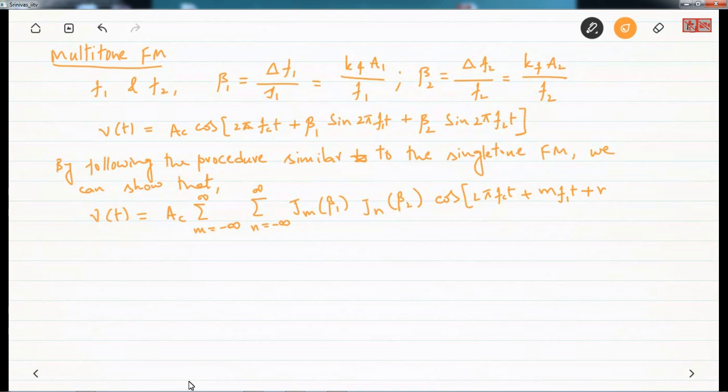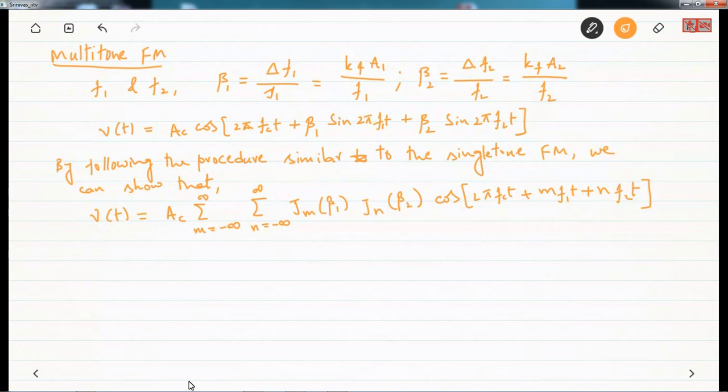We have two frequencies, f1. So corresponding to that, it should be Jm beta 1, and we have another frequency f2. Corresponding to that, there should be Jn beta 2, right? So here we have two indices, m and n, right?